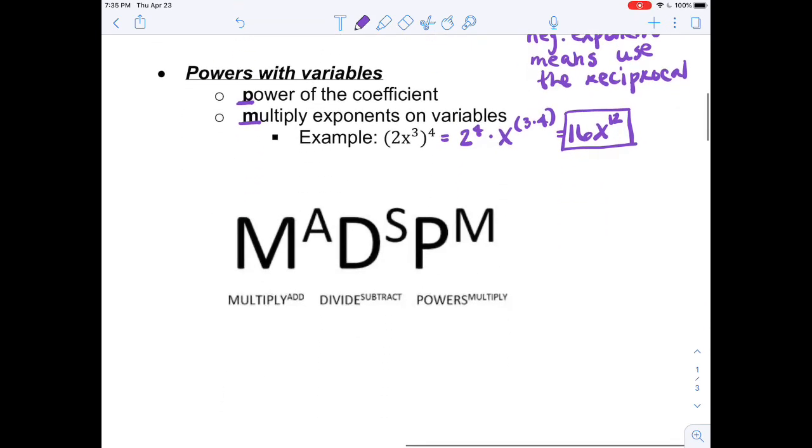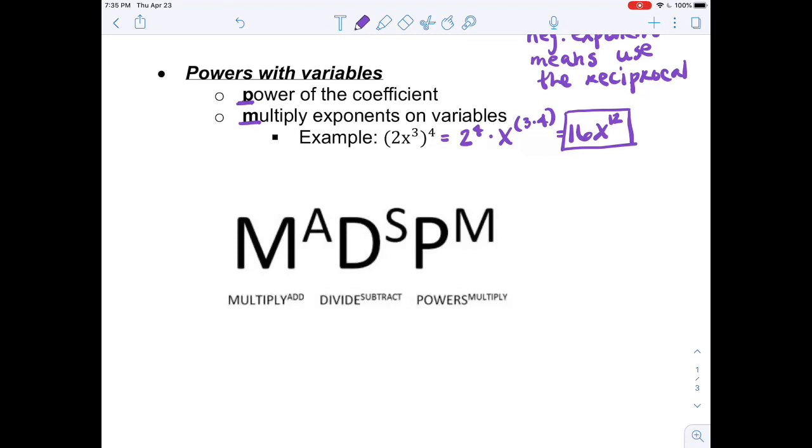Here is our mnemonic for that, MAD SPAM. So it says multiply, add, divide, subtract, and powers multiply. You've seen this before in Algebra 1, and I believe I've mentioned it in class before too. So this is our way of remembering what to do with those variables when we are dealing with exponents.